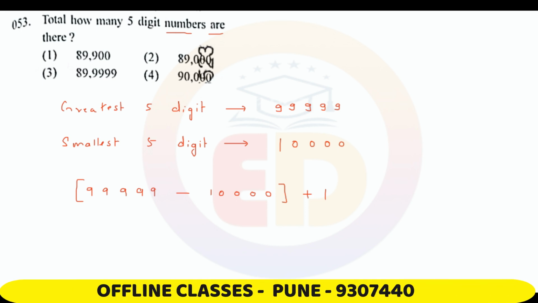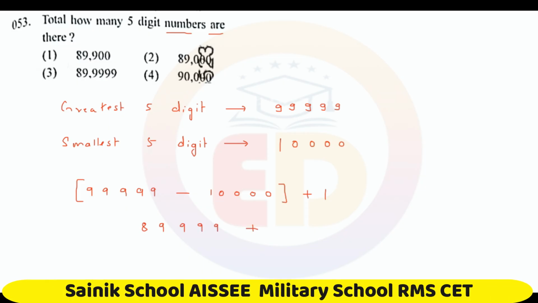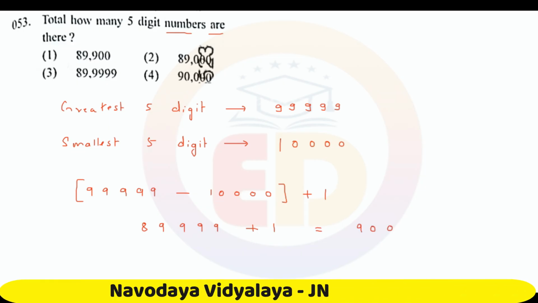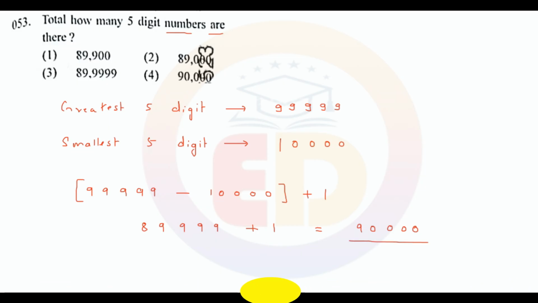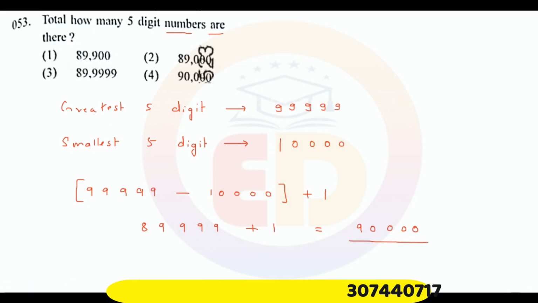This is 89,999. Adding 1 to it, the answer is 90,000. Exact same question you have done in the class in the number system. I hope most of you will get it correct.